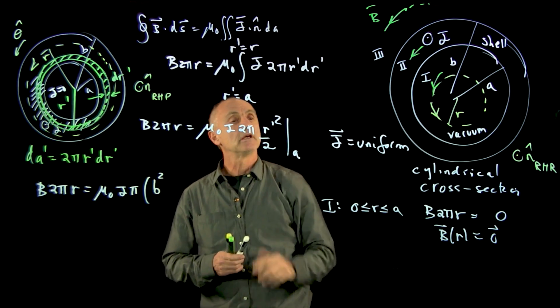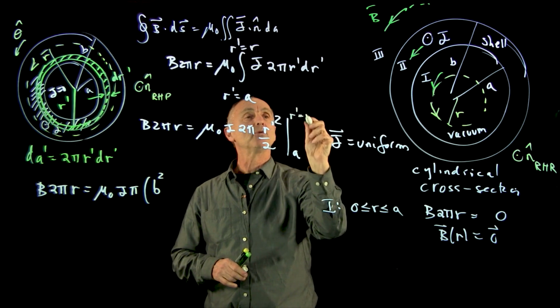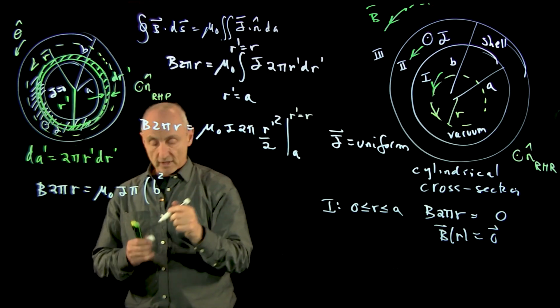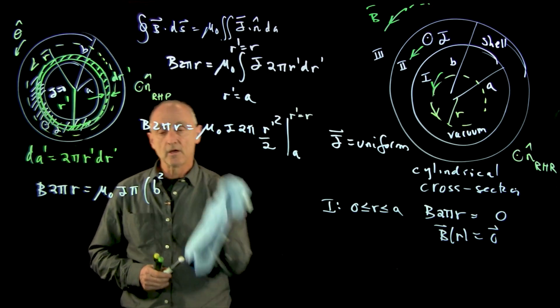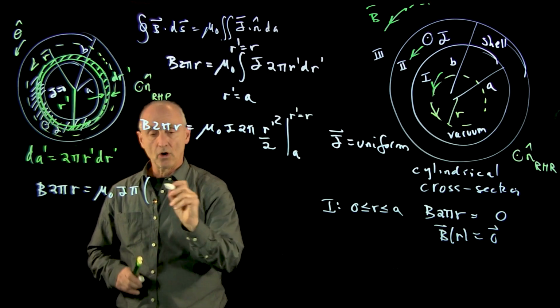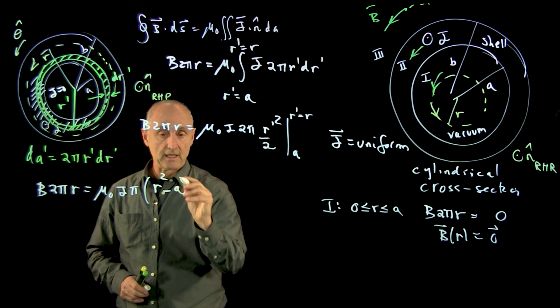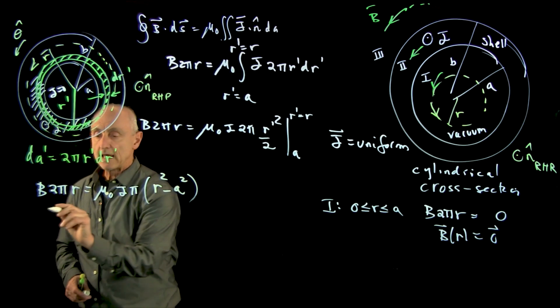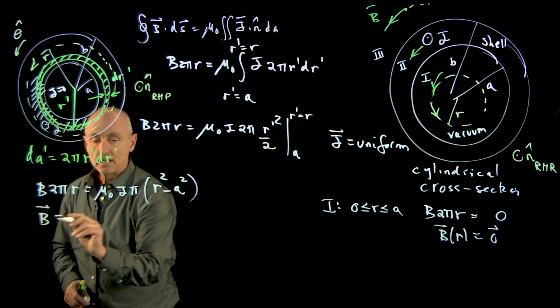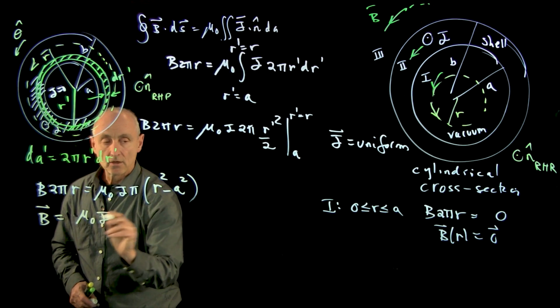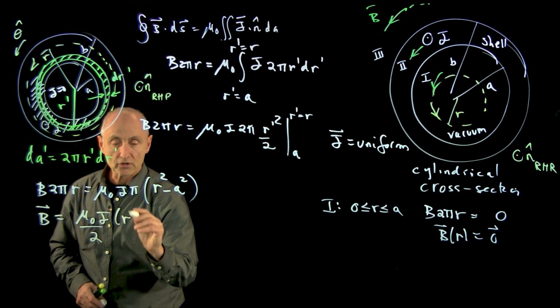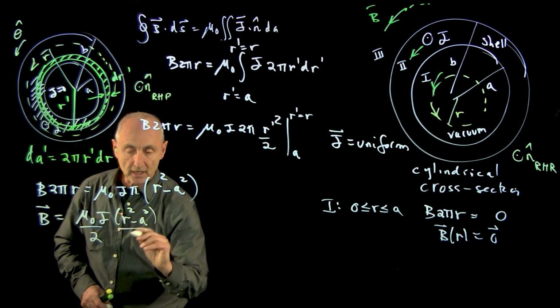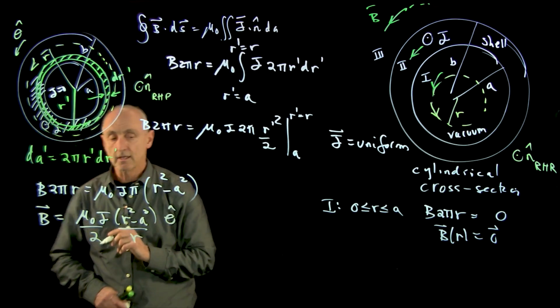The upper limit is just r prime equals r. So that's not b squared, but that is r squared minus a squared. And so what I get is that B is mu naught J over 2, r squared minus a squared, divided by r, theta hat.